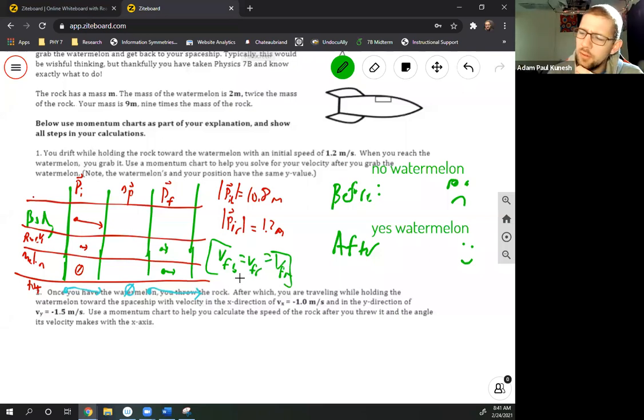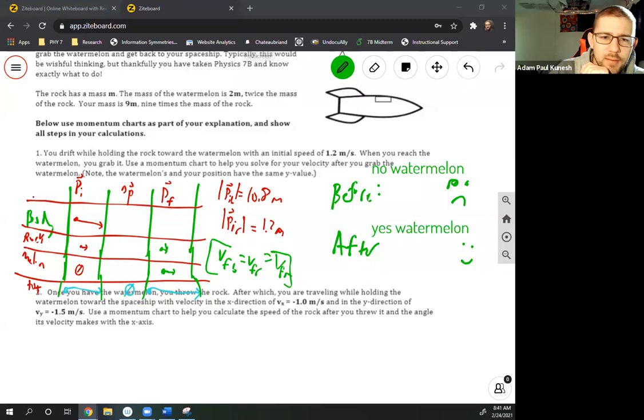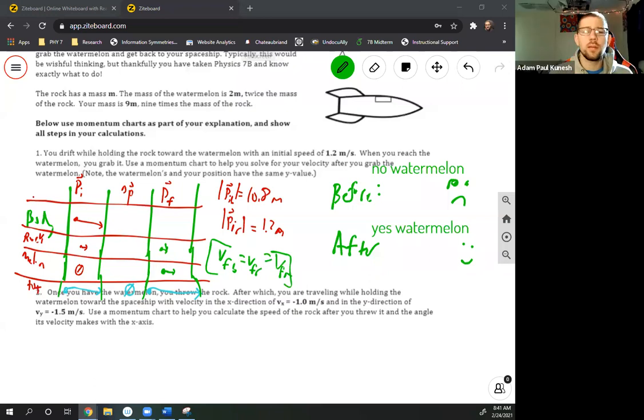Does that help, or is that still a little sketchy? What are you thinking about the inelastic or elasticness of it? No, it makes more sense now because I always forget about the thermal energy that leaves the system, and I'm always wondering why there's some sort of equality to it, but that makes sense. Yeah, it's just two different things that are conserved. The momentum is always conserved, and the kinetic energy is sometimes conserved depending on if it's elastic or inelastic.